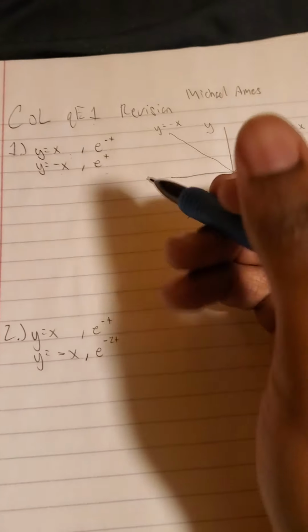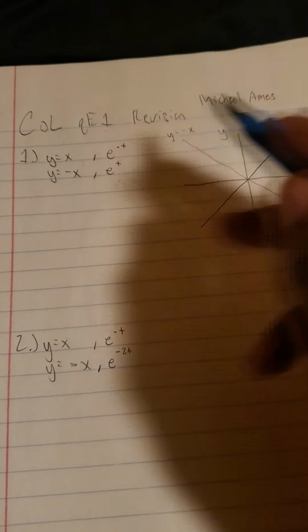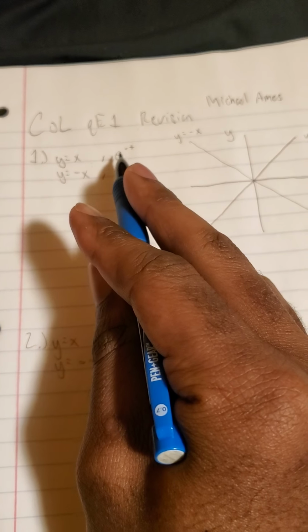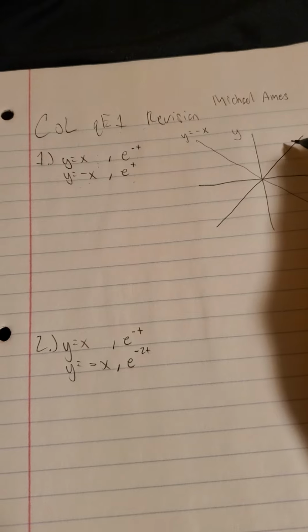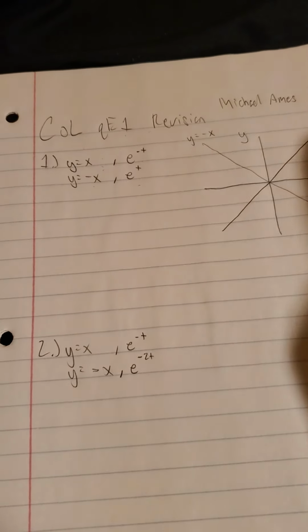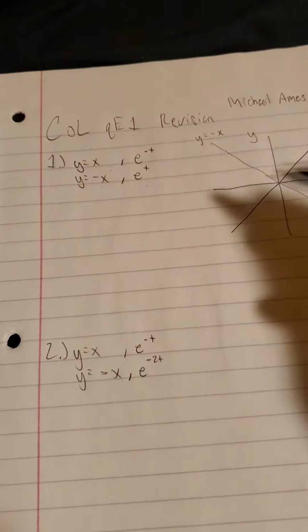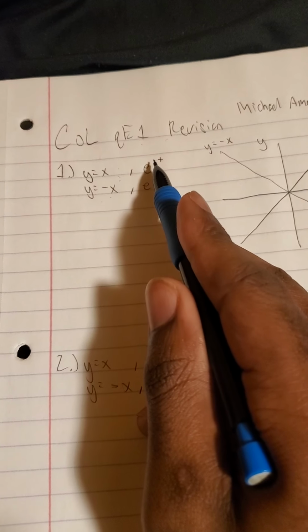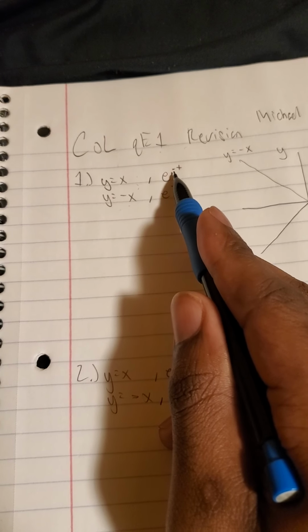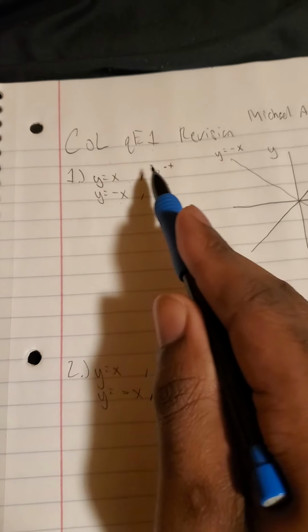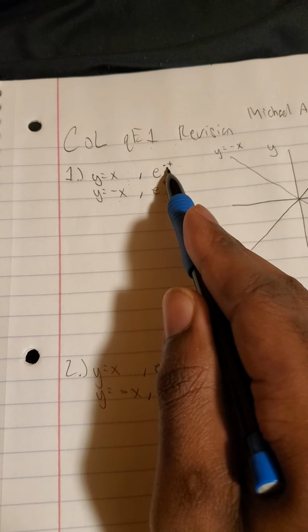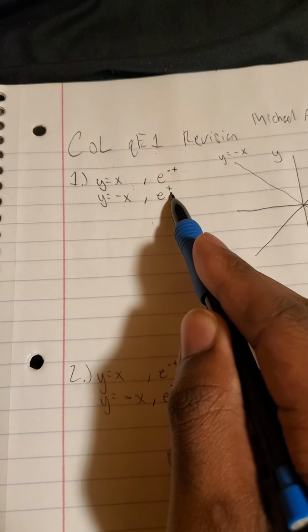So from here, in order to determine if our graph will be going towards the origin or towards infinity or just away from the origin, we look at the corresponding sign in front of the t's for our e's.